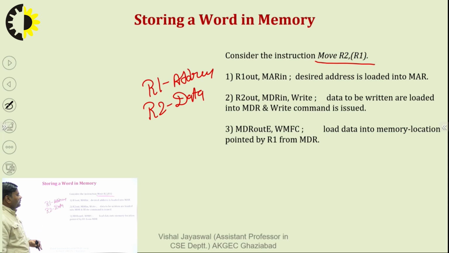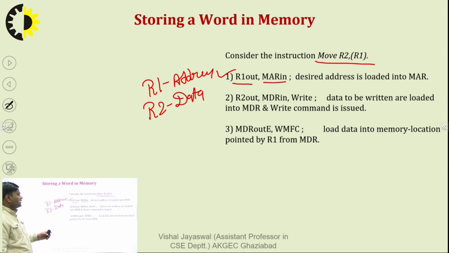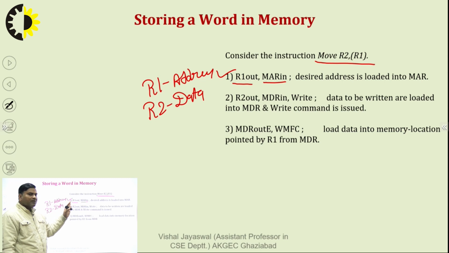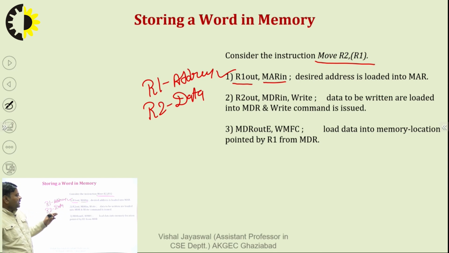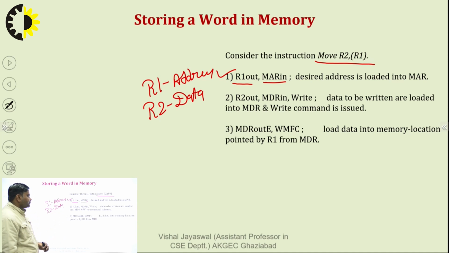For this the first step is R1 out, MAR in, means the content of R1, which is the address of the main memory, goes on the internal processor bus. Then MAR in means the memory address register receives the content of R1.